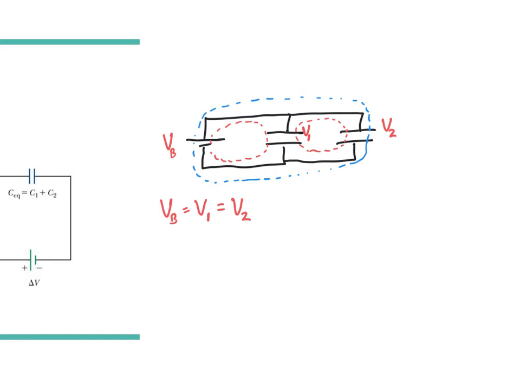Next, what about the charge? The charge came from the positive to there, or it went from the same location to here.